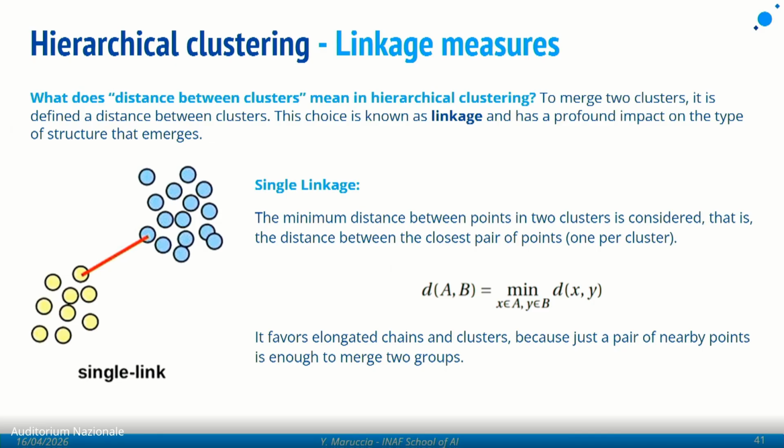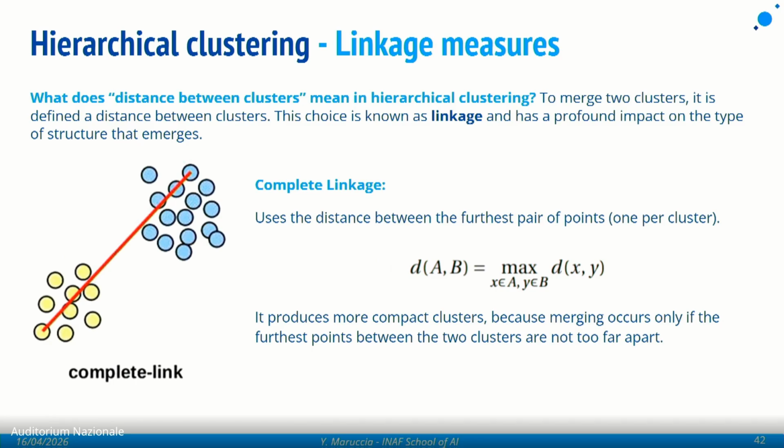And it is clear that it favors elongated chains and clusters because just a pair of nearby points is enough to merge 2 groups, no? So this is the single linkage. The other linkage is the complete linkage that uses the distance between the farthest pair of points, always belonging to different clusters, and it will produce more compact clusters, okay?